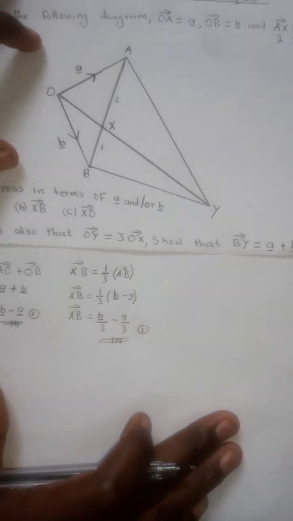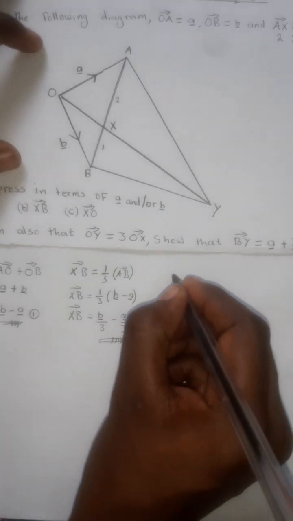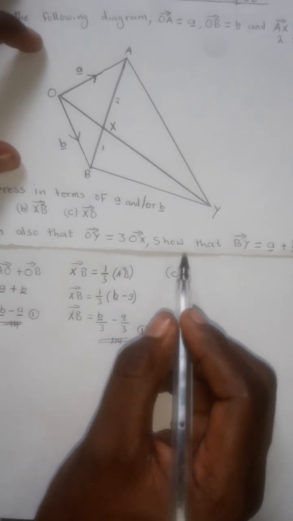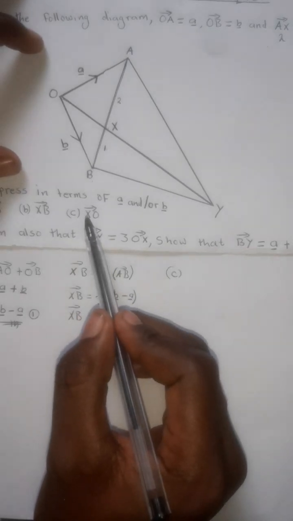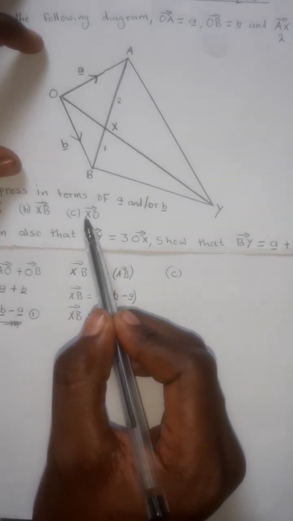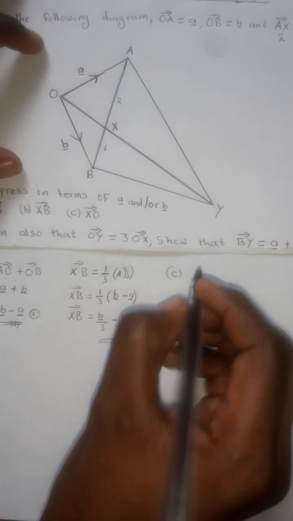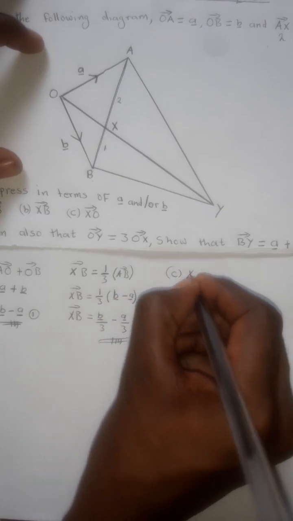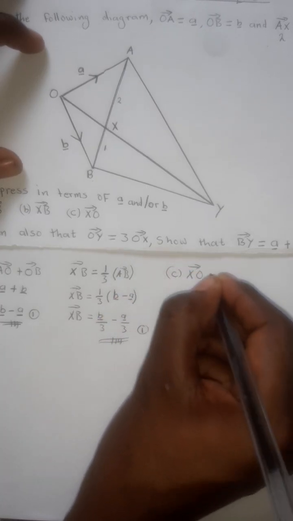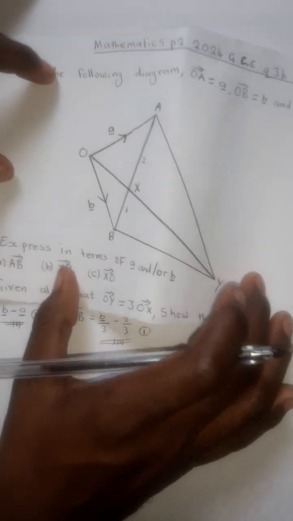All right. Let's now go to C. What is C saying? So C is saying we find XO. So we're going to say XO will be equal to what? Let's go to our diagram here.